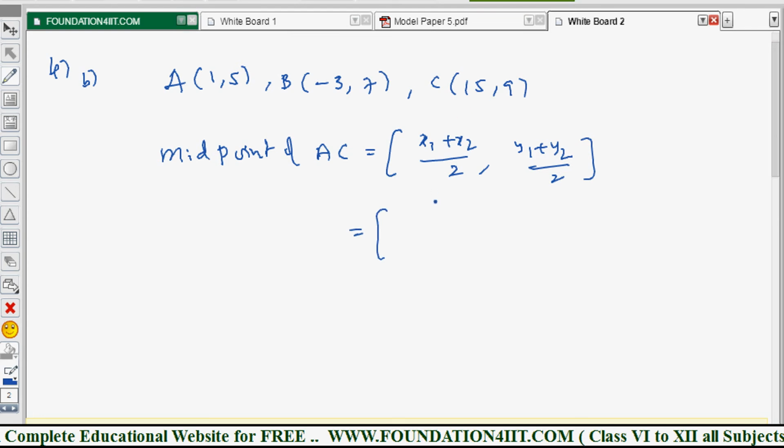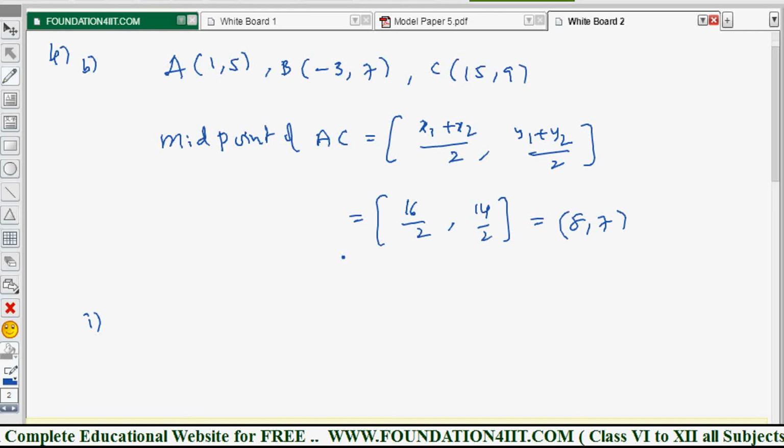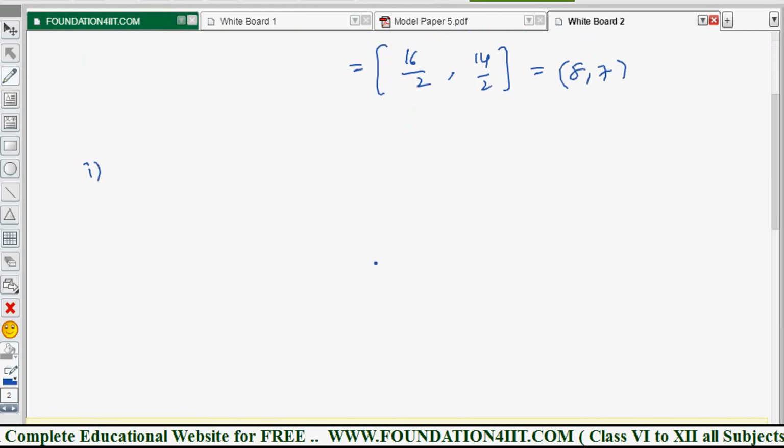So 1 plus 15 is 16 by 2, 5 plus 9 is 14 by 2, which equals 8, 7. That is the midpoint of AC. The first question is the equation of the line passing through this midpoint and B, which is minus 3, 7.